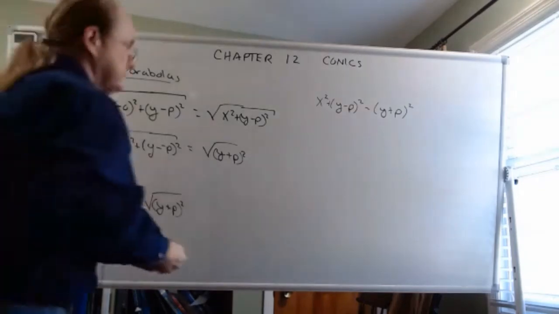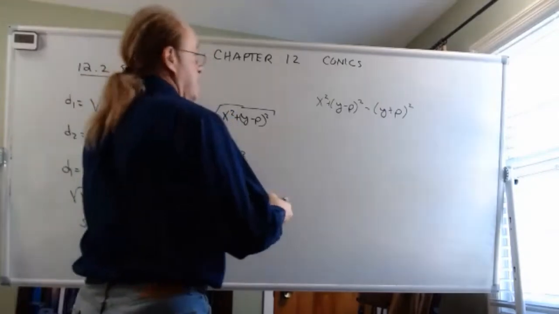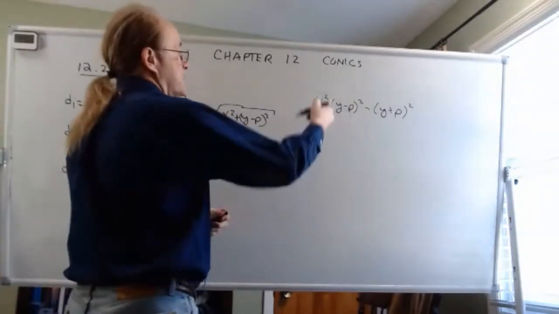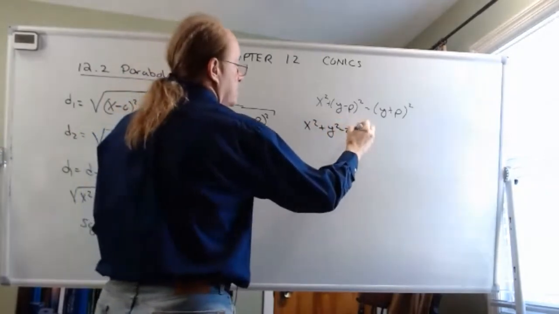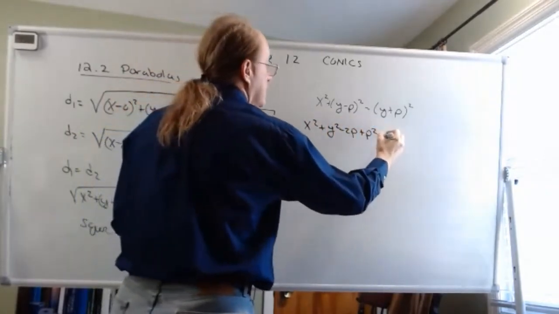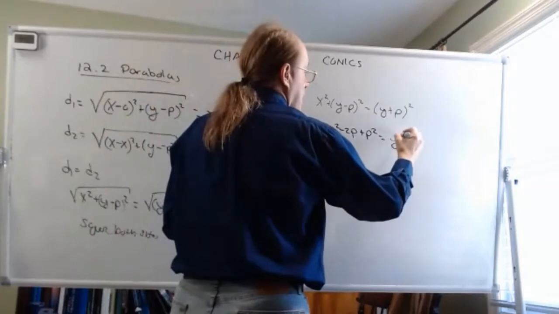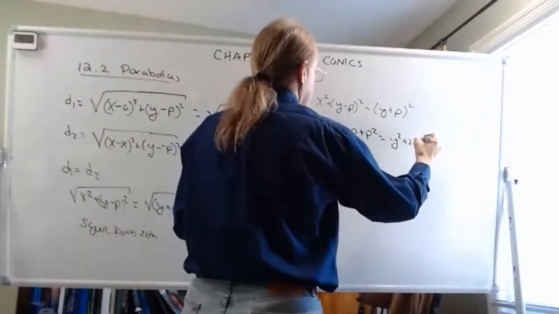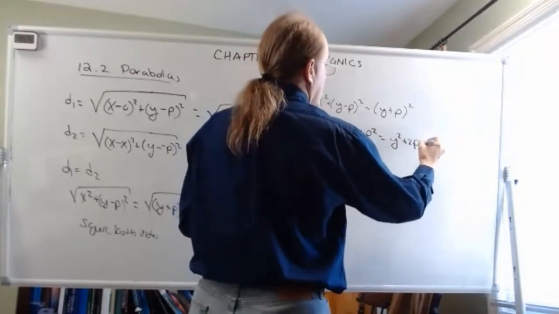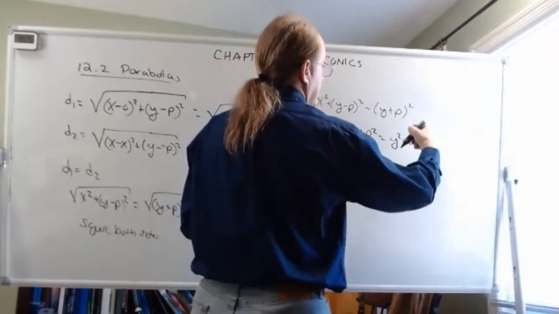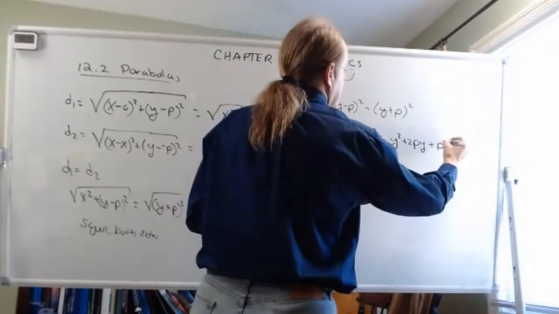Okay. So let's turn around and square that. So I get x squared plus y squared minus 2py plus p squared is equal to y squared plus 2py, and then we end up with a plus p squared.